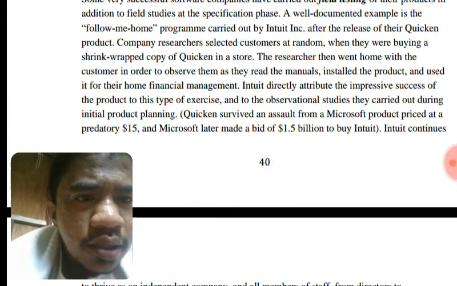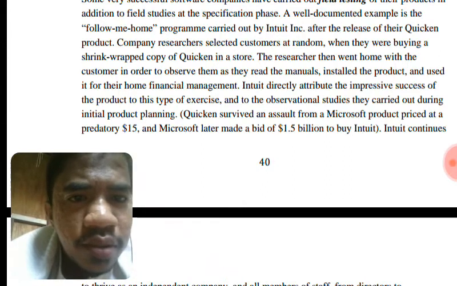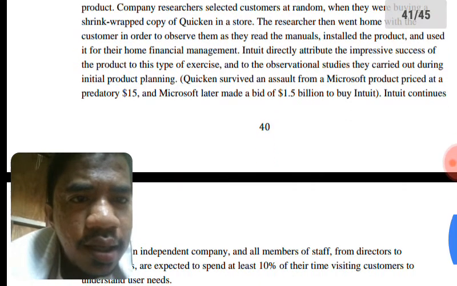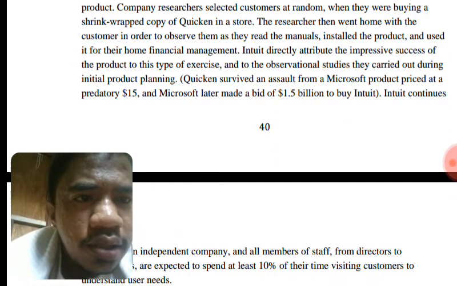Intuit directly attributes the success of the product to this type of exercise and to the observation studies they carried out during initial product planning.